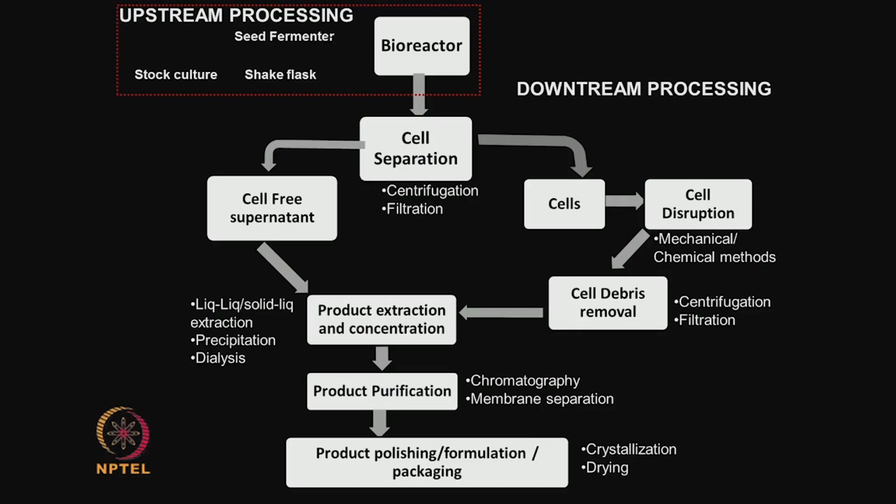Product purification is where you are trying to bring your product from maybe about 40-50% right up to 90 or 99 plus, depending upon the type of product. So, you may use different types of chromatography, you may go into membrane separations and so on.